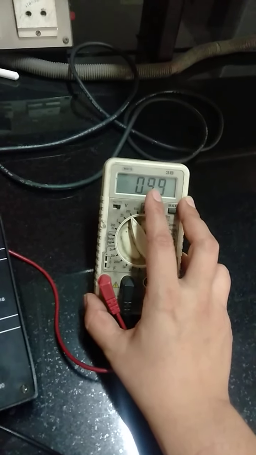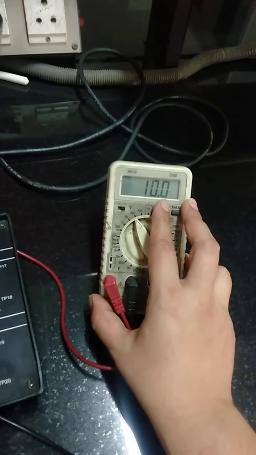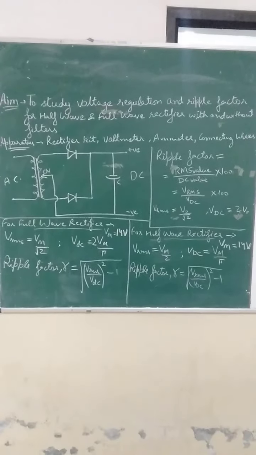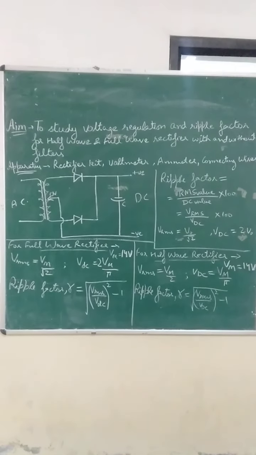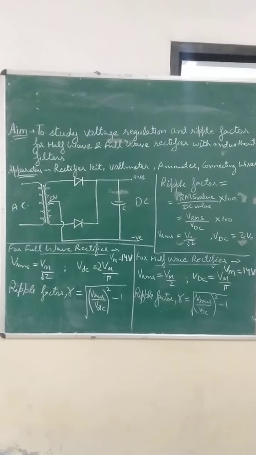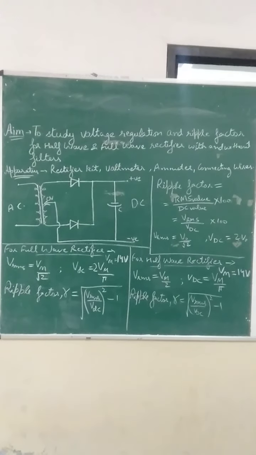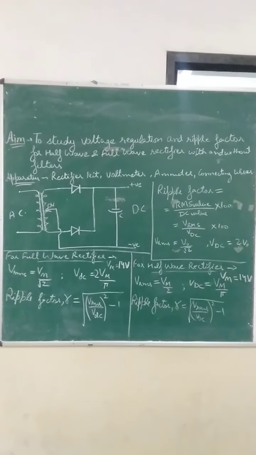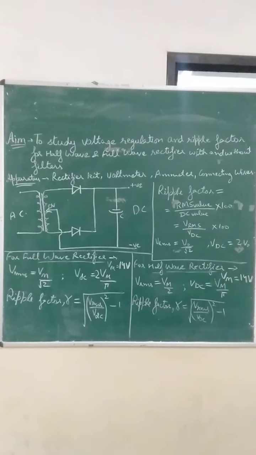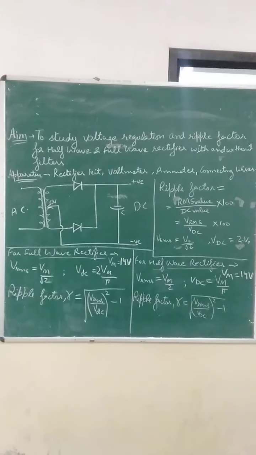Here for the full wave rectifier the output is 9.8, and the formula for the ripple factor is there. This is how we can calculate the ripple factor. Here I have Vm, meaning the input AC supply of 14 volt. Corresponding to that, Vrms, the root mean square value of voltage, will be Vm upon root 2 for full wave, and for half wave Vm upon 2 will be the root mean square value.